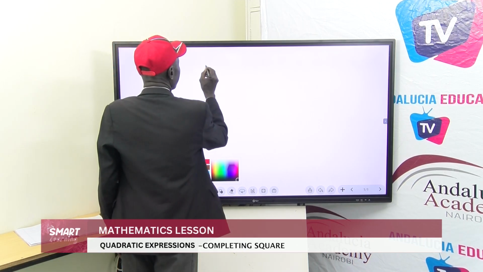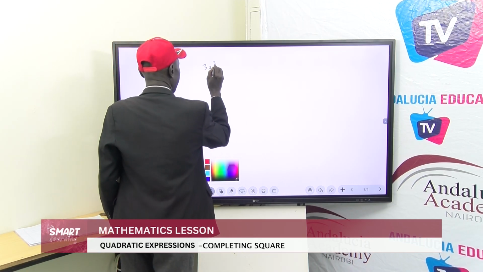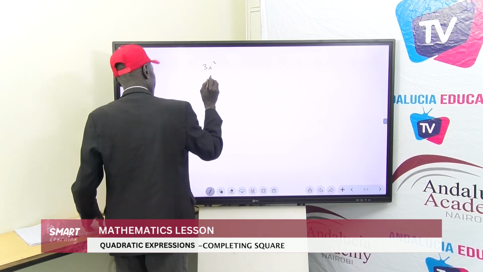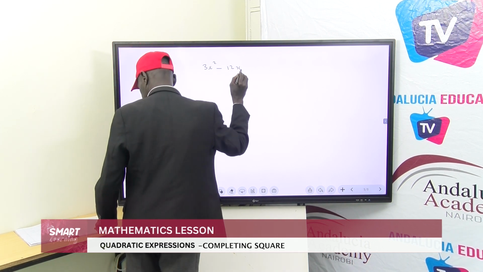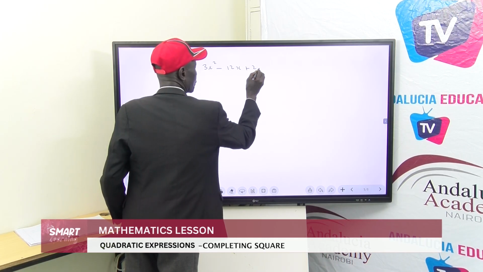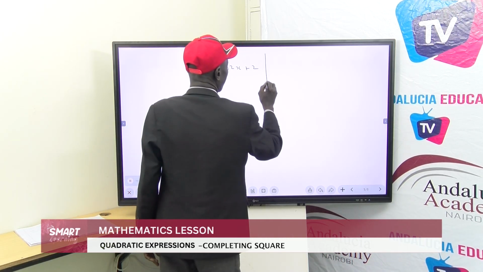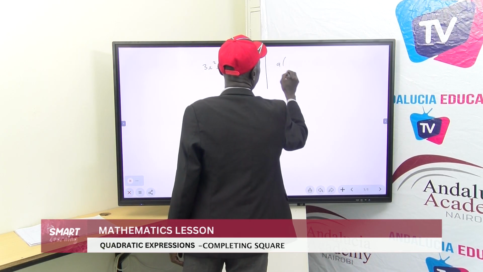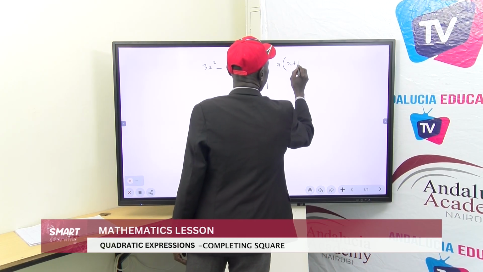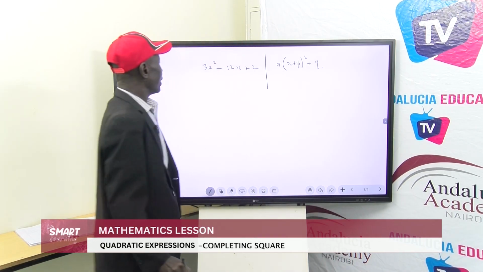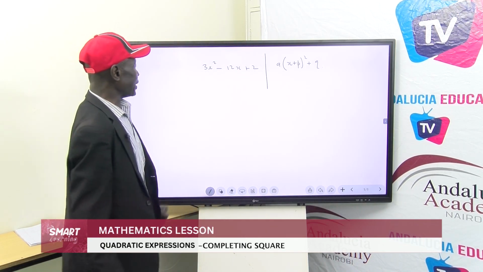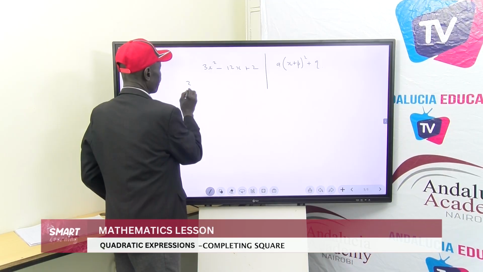I have 3x squared minus 12x plus 2. I want to write it in the form of a in brackets x plus p squared plus q. So here our factor is 3, so let's put 3 outside.